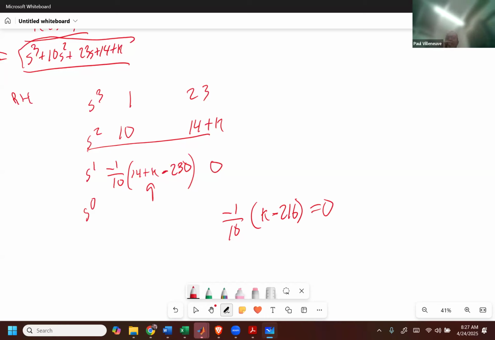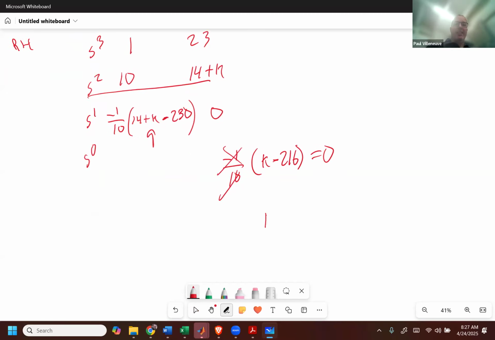So the 10 and the -1 go away. So K minus 216 has to be equal to 0. So K is going to be equal to 216. That forces that row to go to 0. If you can't see it, if I plug in a positive 216 in here, what ends up inside that parentheses? 0, right? So the -1/10 doesn't affect any of those terms. It just forces it to 0.